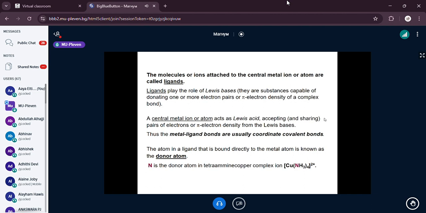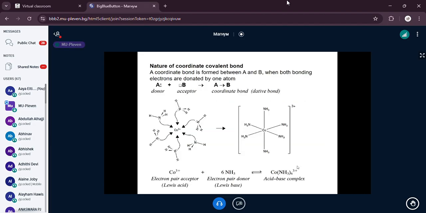In this example, a complex of copper ion, the central metal ion, with ammonia ligands, the donor atoms are the nitrogen atoms of the ammonia molecules. Coordinate covalent bond in these coordination compounds.